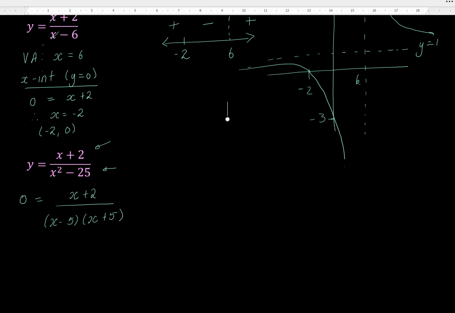Anyway, we're solving. So we can see that we've got vertical asymptotes at x equals 5 or negative 5, so plus or minus 5. And what is our x-intercept here? Remember, that's what makes the whole thing 0. And if we just make the top line 0, 0 divided by anything is 0. So once again, we've got x equals minus 2.